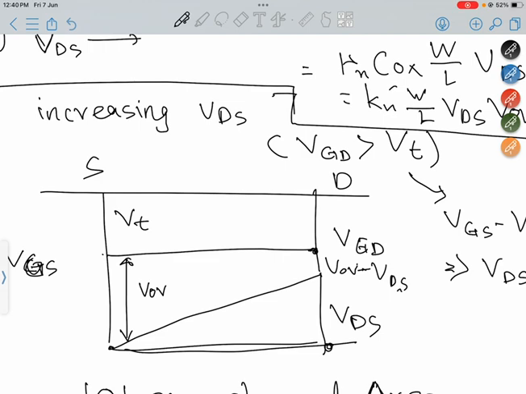Here we can see that on the source side, the overdrive voltage is VOV, but on the drain side, the extra voltage is overdrive minus VDS. This is the VGD, this is the VT. So the extra amount of voltage is overdrive minus VDS.